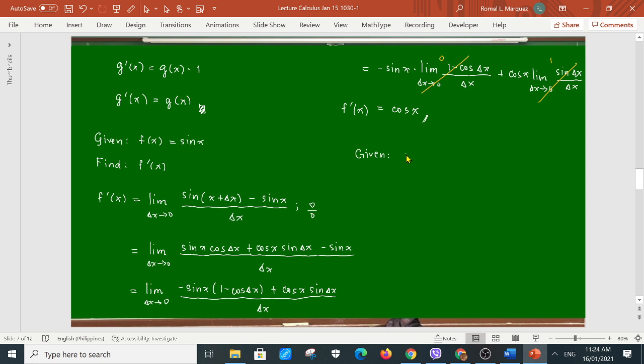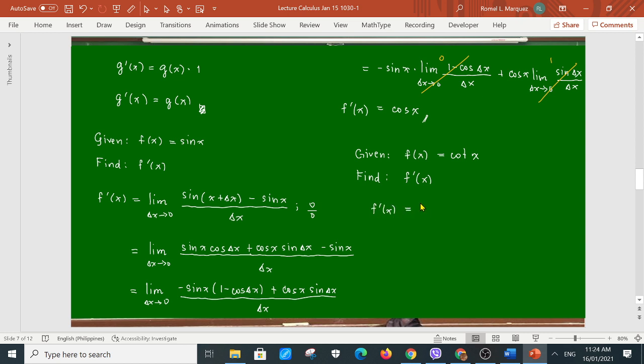Given f of x equals cotangent of x, we are looking for the derivative of cotangent x. Find f prime of x. Okay, again, what is f prime of x?